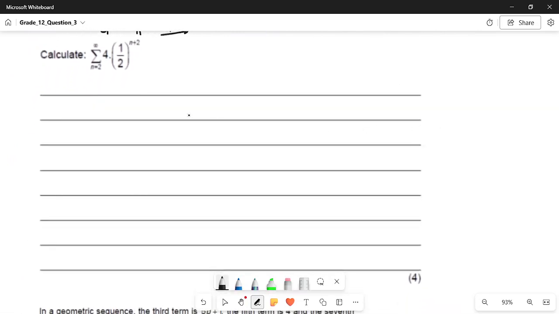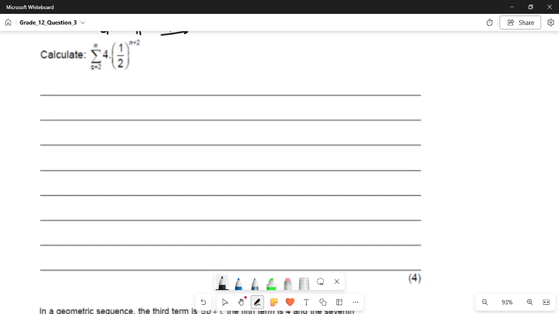Now, find the sum of 4 into half raised to the power n plus 1, where n is from 2 to infinity. Before we find the sum, let us first write down at least the first 3 terms of this general term.